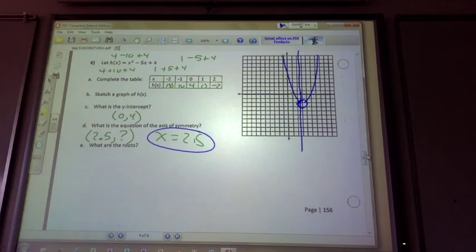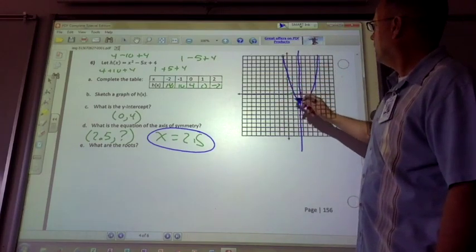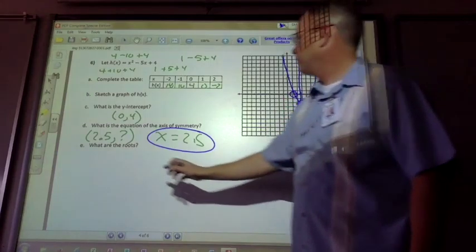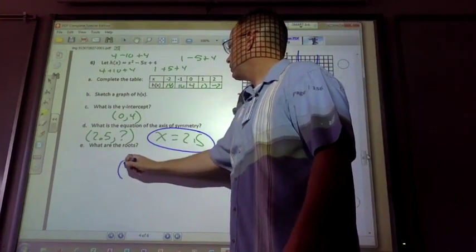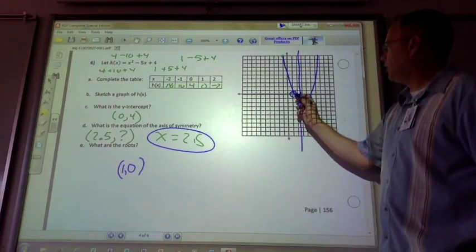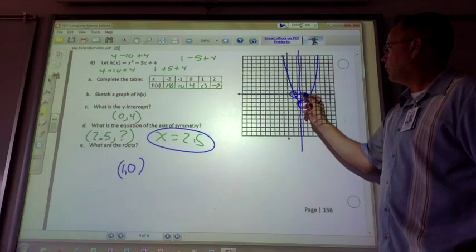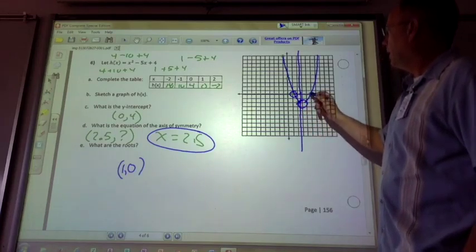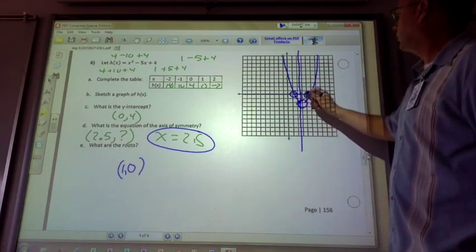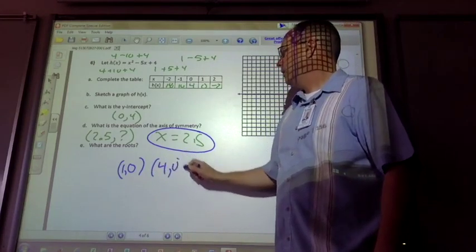Okay? What are the roots? Well, I know that's one of them. And being symmetric about the axis of symmetry, that's 1.5, 1.5. So I guess right there, 1, 2, 3, 4. I think that's the other one.